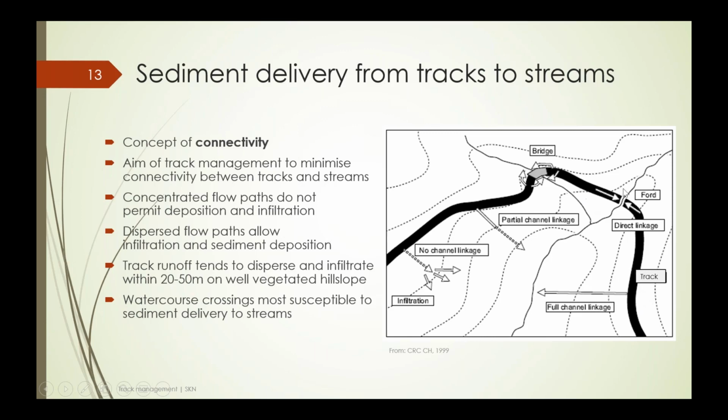Now, two other sites which you'll be familiar with are where roads actually connect with the drainage system at perhaps a ford, a low-level crossing, or a bridge on a more major stream.